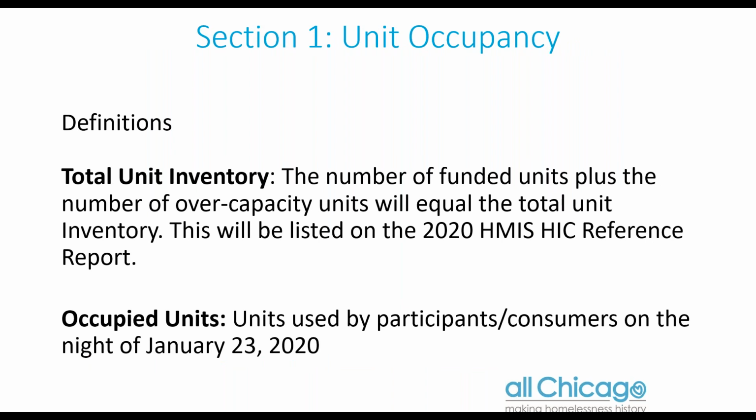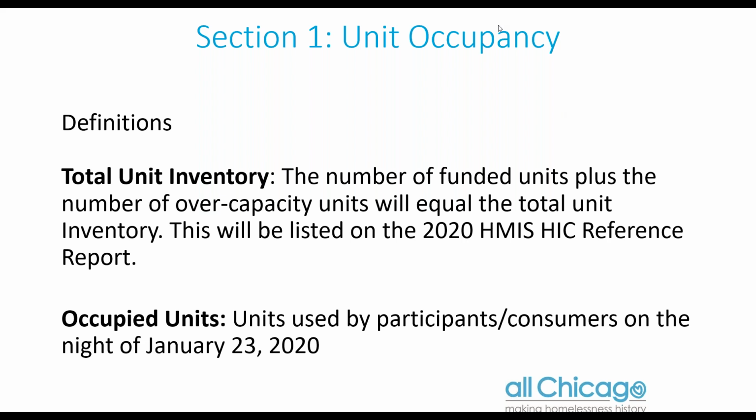So section 1 is about the unit occupancy itself. When we talk about your total unit inventory, it will be the number that was on the reference report that you use to log in. And this, again, is either historical data or what was previously updated in the pre-HIC.